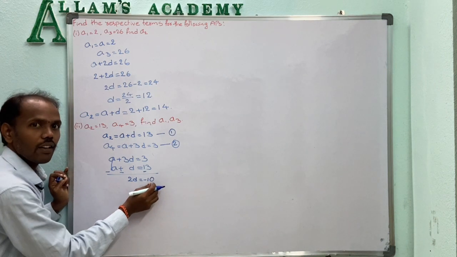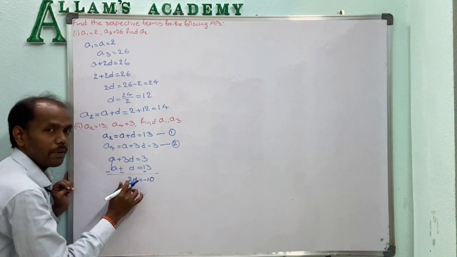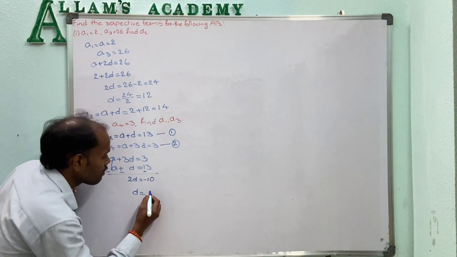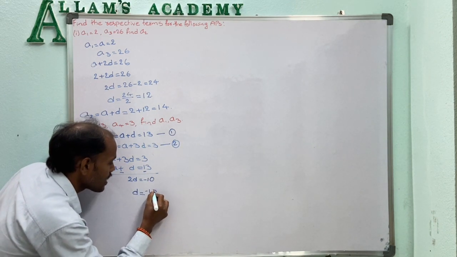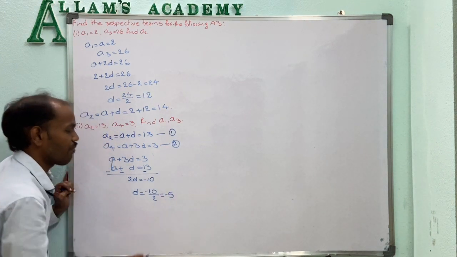Now 2d equal to minus 10. Then the d value: multiplication transferred to this side becomes division, minus 10 by 2, that is minus 5.